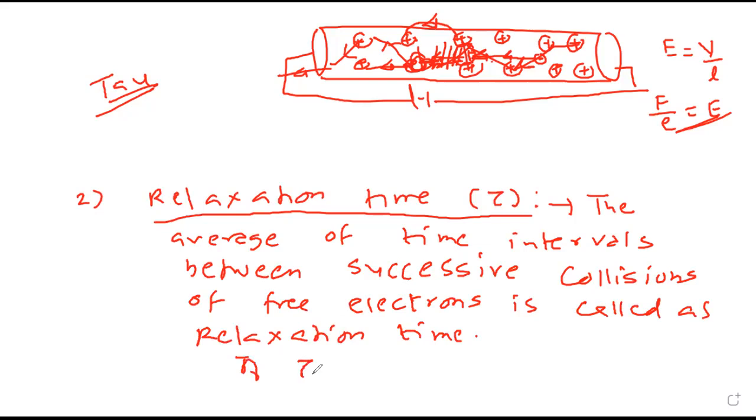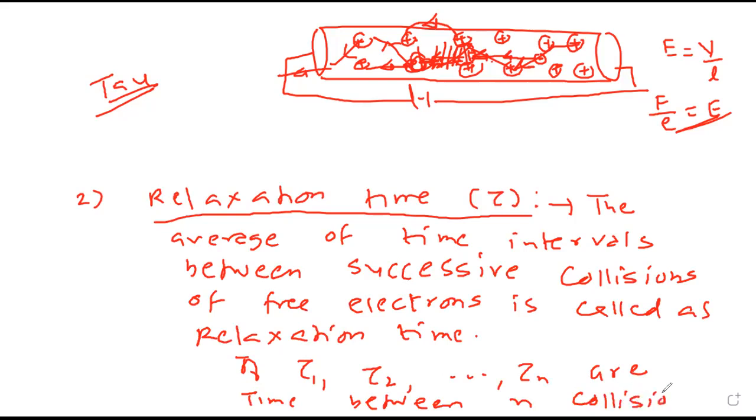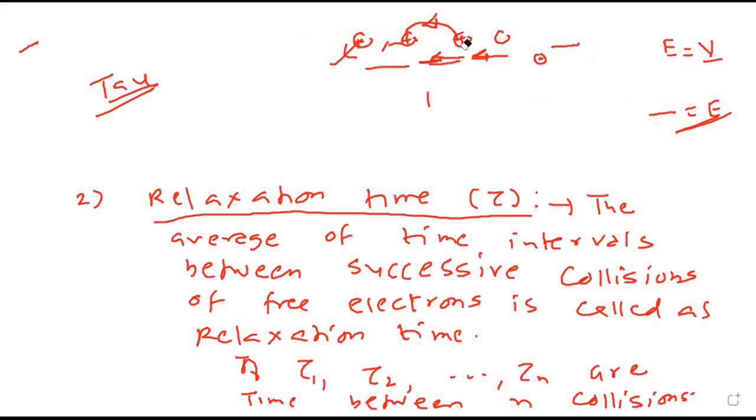If tau 1, tau 2 up to tau n are the times between n collisions, then relaxation time is taken as the average of all these time intervals.